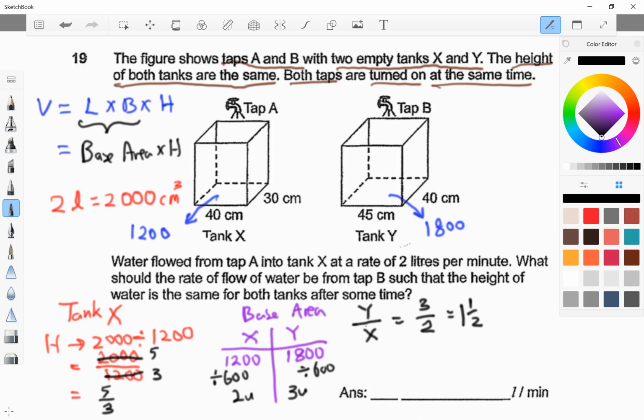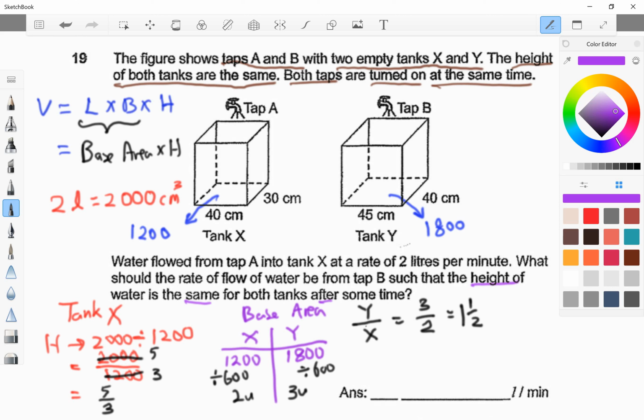And since tank Y's base area is 1.5 times that of tank X, I would put forth this theory that the amount of water that flows from tap B should be 1.5 times as well, in order for the heights of both tanks to be the same after some time.